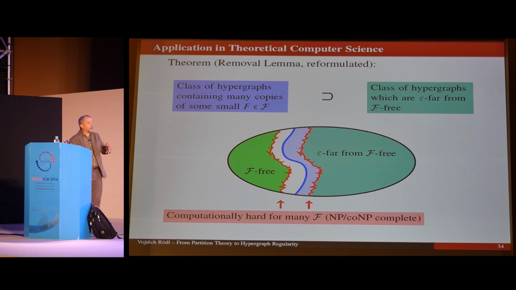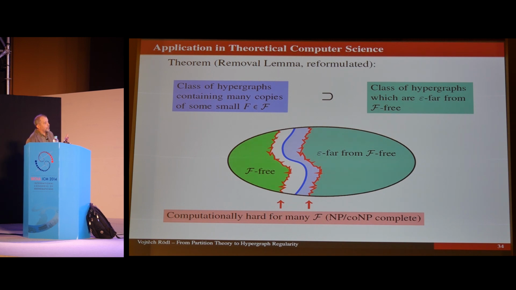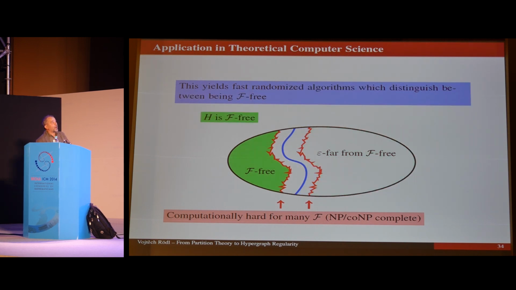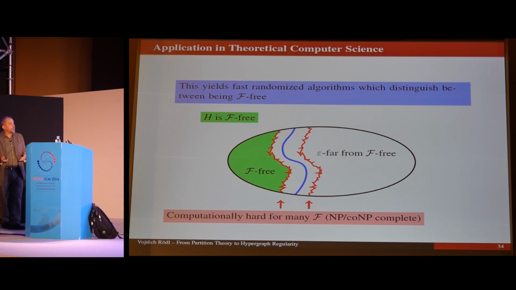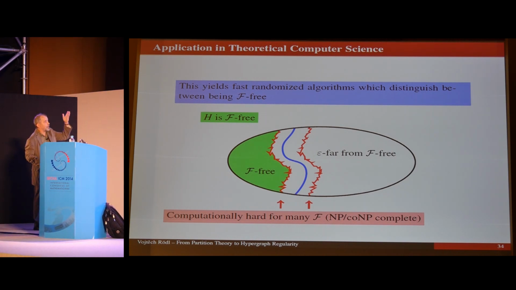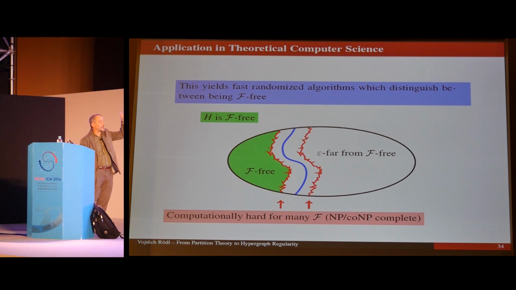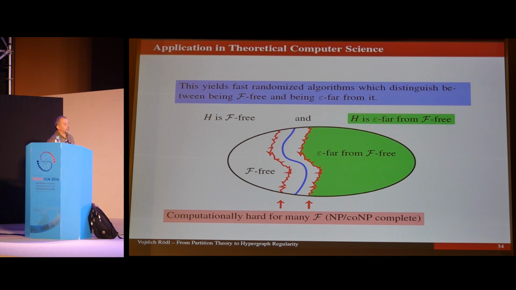In polynomial time, we can just search over all small subgraphs. And because it contains many, we can do even better. One can construct randomized algorithms which distinguish whether the hypergraph or graph is F3, or whether it is epsilon-far from being F3.